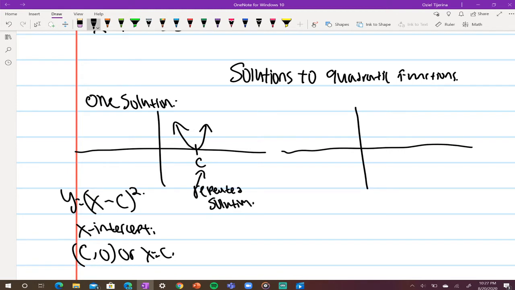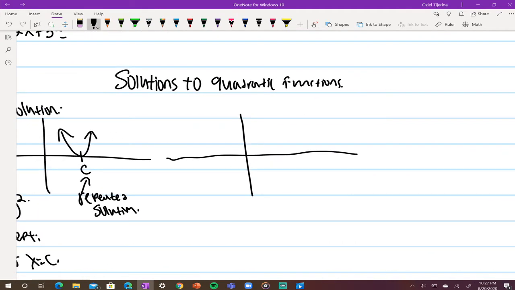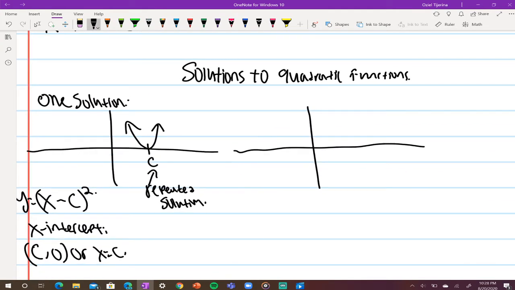And then we have this other one where we have one right here, at negative c, and then we can do the other one at, let's just say, c.